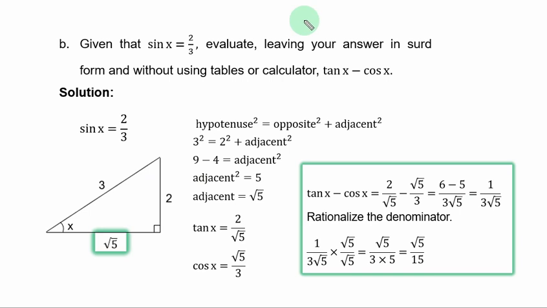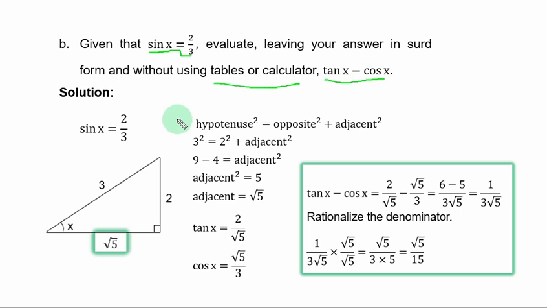Question 1b. Given that sin s is equal to 2 over 3, evaluate, leaving your answer in surd form and without using tables or calculator, tan s minus cos s. To get tan s and cos s, adjacent is needed.